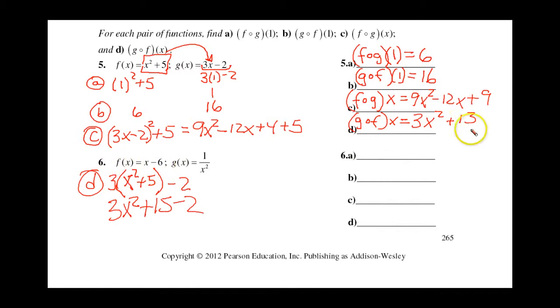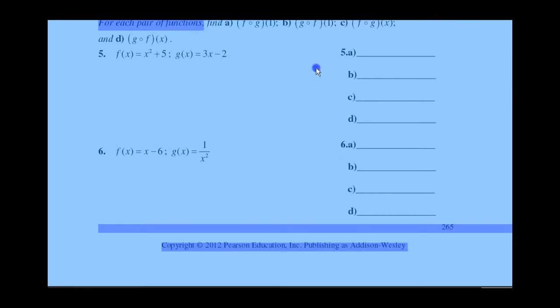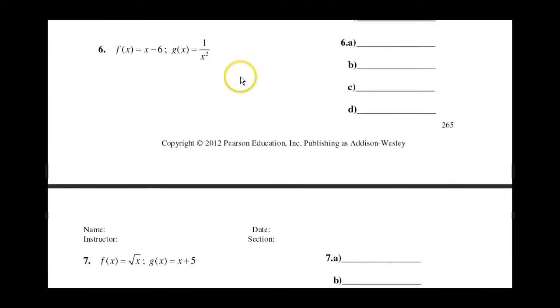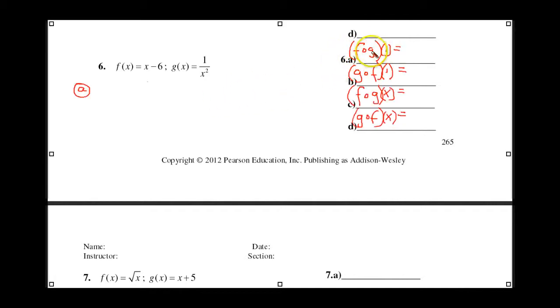Okay, let's do one with fractions here. And I'll move it up a little bit so we can see it a little bit better. Right there. And let me get it set up. So in doing 6a, we're going to look at our g value right here. We want to determine what this will become if x is a 1. So 1 squared is 1.